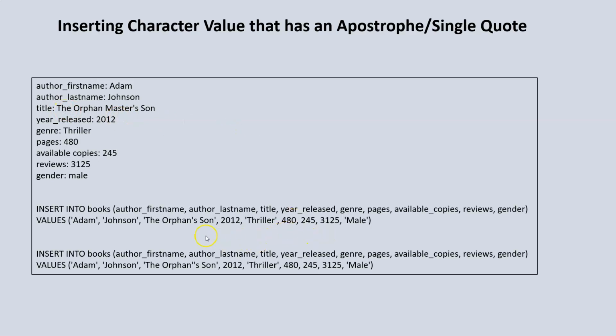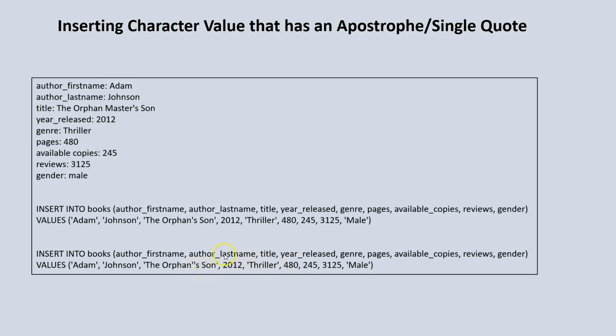If we try to insert that by just opening our quote, writing Orphan, the apostrophe, and then closing it, this would not work, because SQL will think that Orphan is one character string and s Son should be another. It will expect a comma and an open quote right before the lowercase s. So the way we'll be able to insert that record is with the second query, where we have two single quotes in between Master and s.